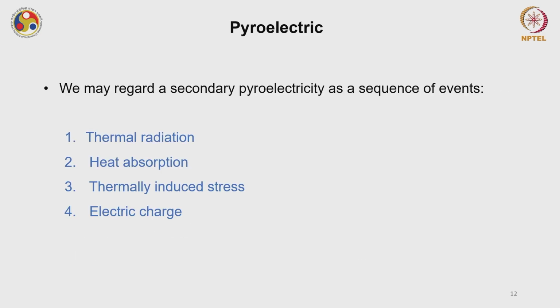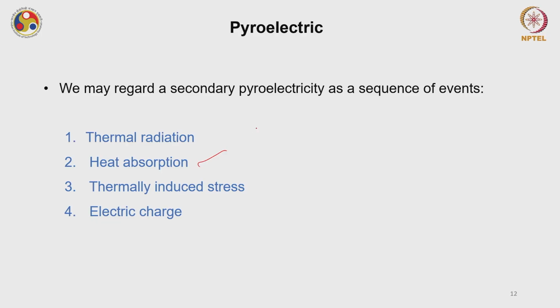If I brief the sequence of how this pyroelectricity is generated, the first step is some thermal radiation falling on the top of the structure. Then the top of the structure absorbs some heat. So, the first step is thermal radiation, second is heat absorption, and third is thermally induced stress. There is an expansion of the top layer.